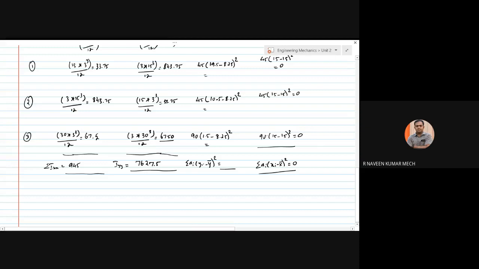For Ayy in particular, we get the value 45 into (19.5 minus 8.5) whole square. We get a value 5.69 into 10 to the power 3.